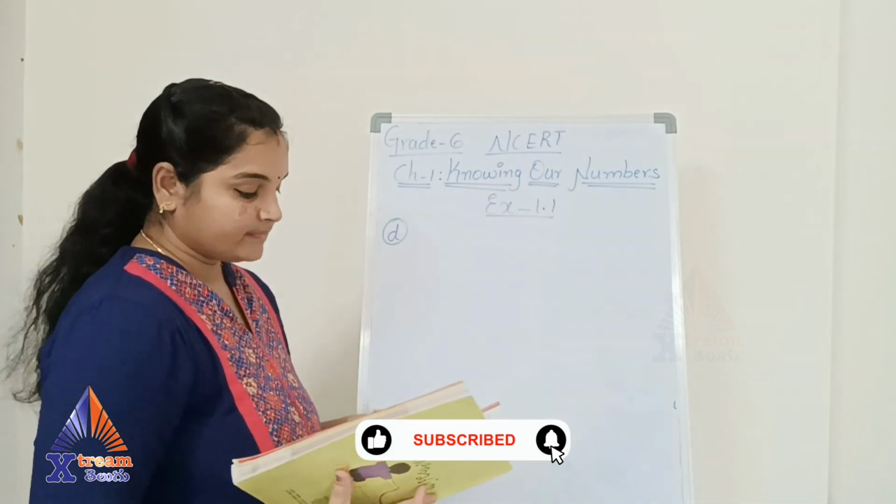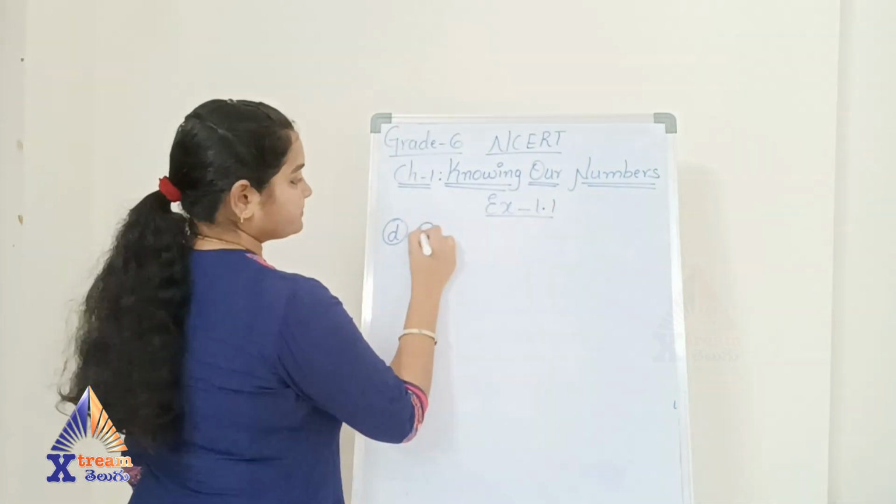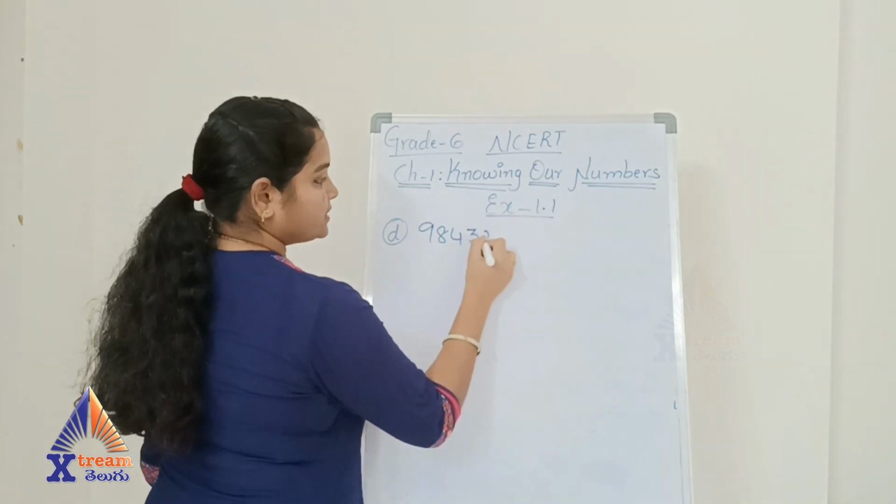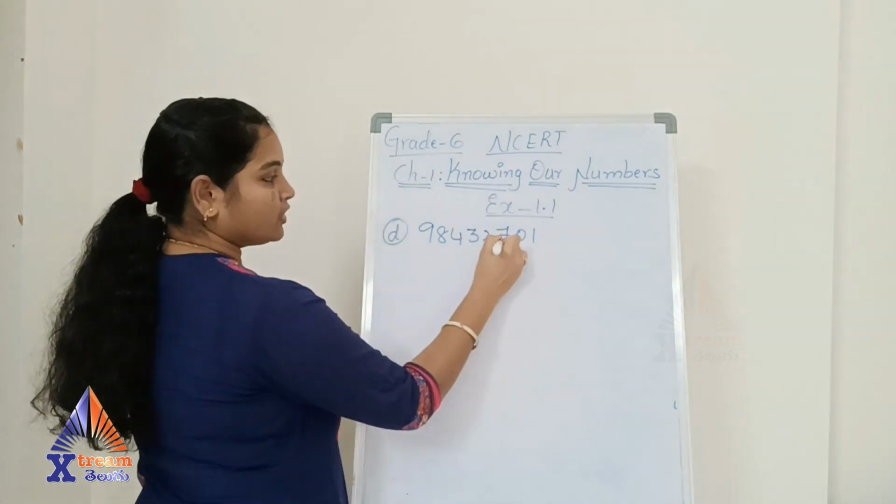Now D, we have 984 32701. So again giving commas.